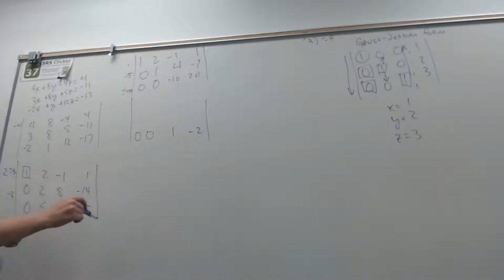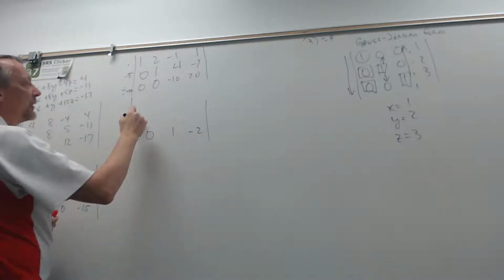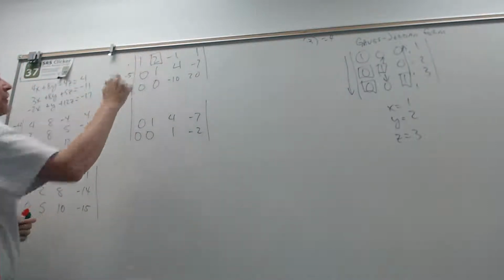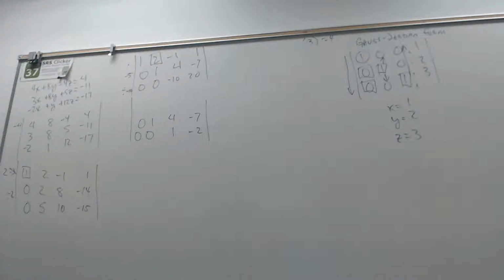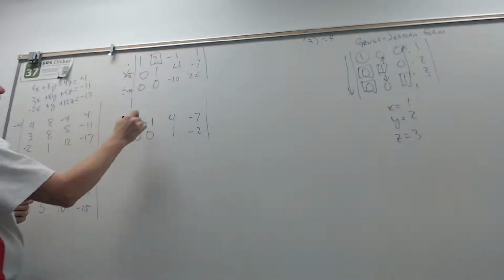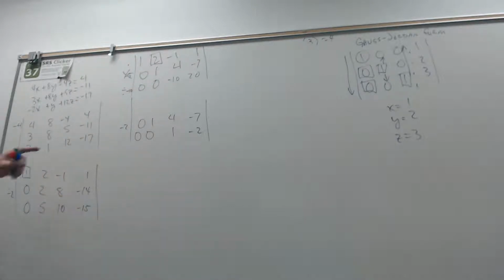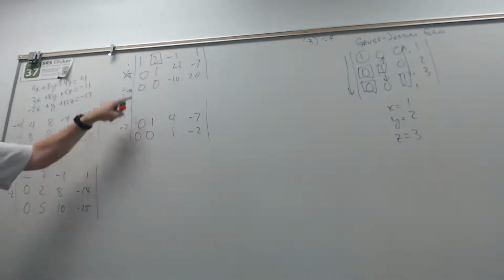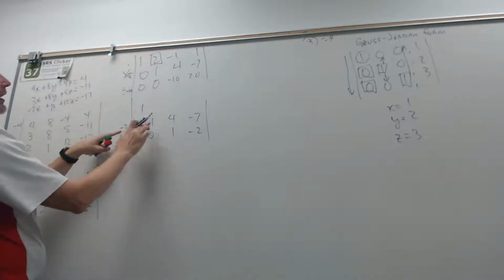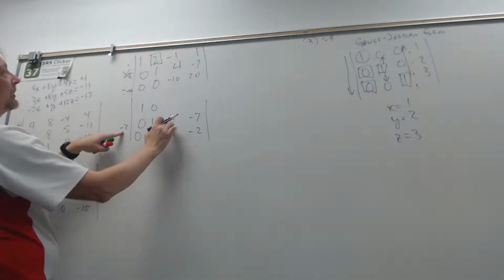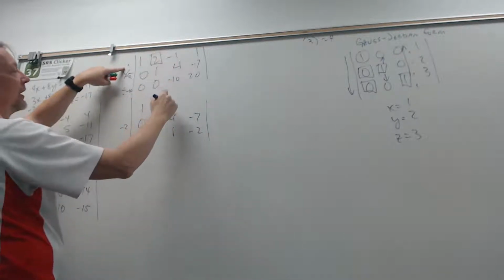Now the question is, if I keep my middle row the same, 0, 1, 4, -7, how do I turn this 2 into a 0? I can times this by -2 and add, right? -2 times 0 is 0, plus 1 is 1. -2 plus 2 is 0. -8 minus 1, -9.